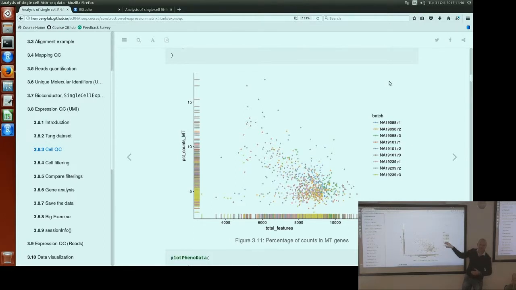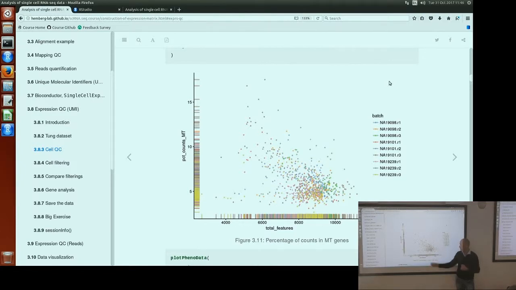Can anyone see any batch effect with this replicate? Is it any different from others? I don't see it. All the cells above, like 12 for the ERCC count, are on that edge. Okay, all right. Yes, there is some batch effect here.